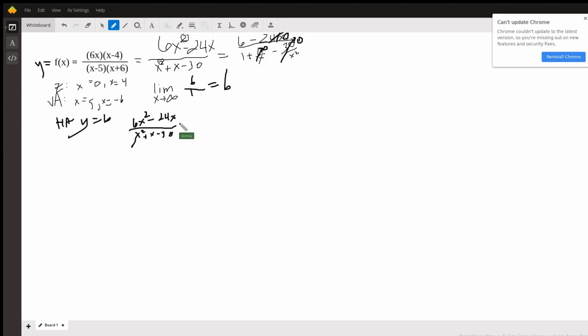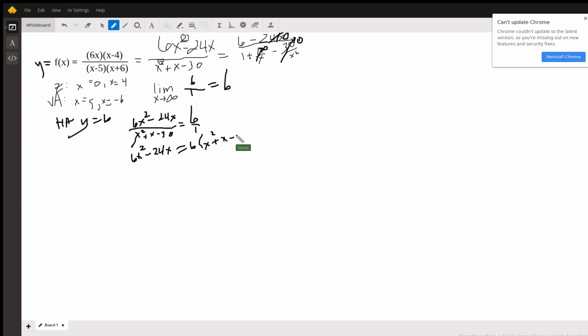And if y has to equal 6, then to solve this, I cross multiply like a fraction, and I get 6x squared minus 24x equals 6 times x squared plus x minus 30.